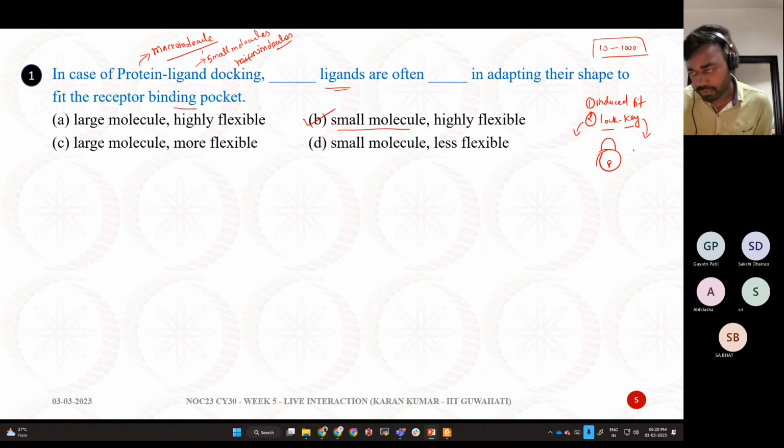This was not always true because when proteins were crystallized and studied by X-ray crystallography, they observed that proteins are not rigid structures.